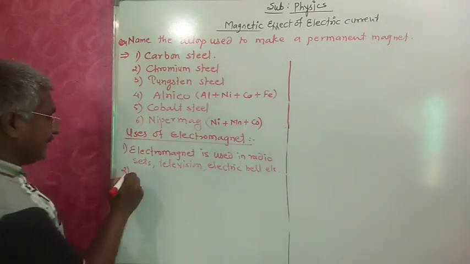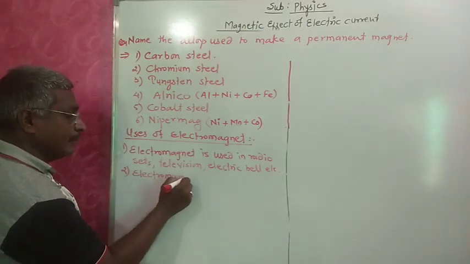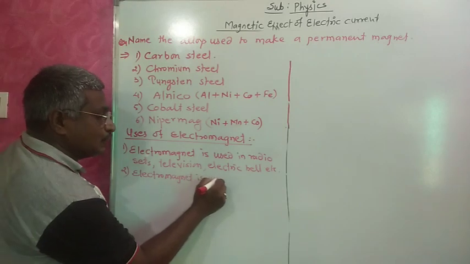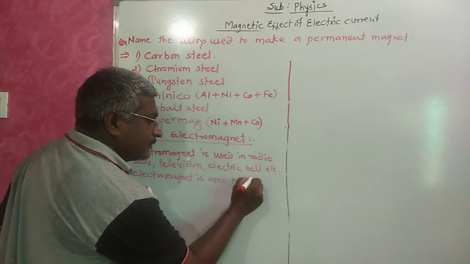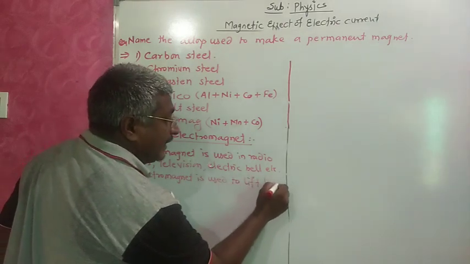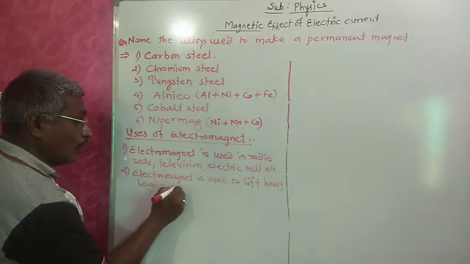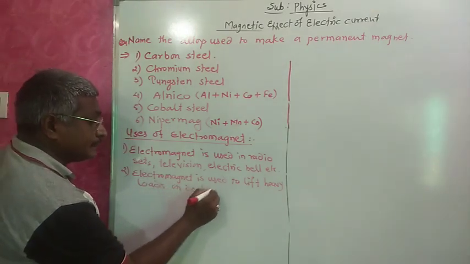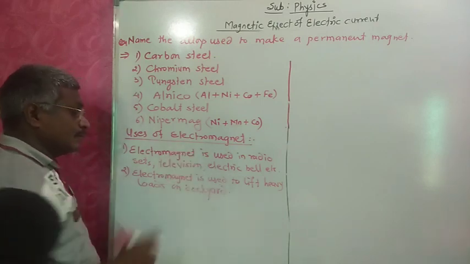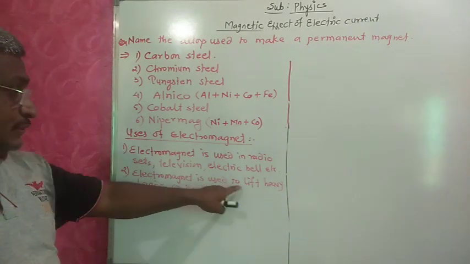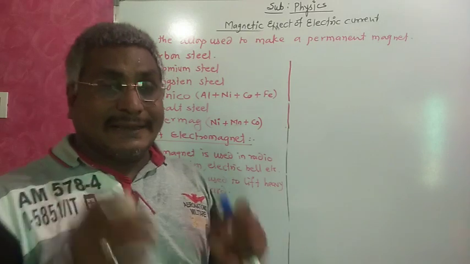Now electromagnet is used to lift heavy loads on dockyard. Means magnetic cranes are there.